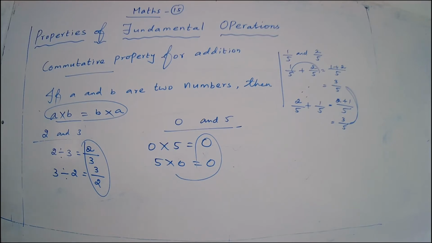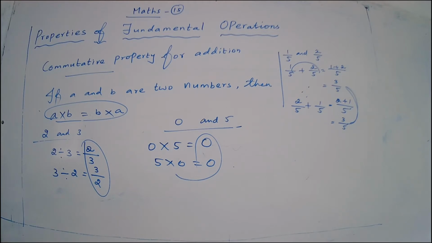Now you come to the second heading, commutative property for addition of numbers. So first of all, you check this property for natural numbers. Then one line is there, A plus B is equal to B plus A. Underline that line.